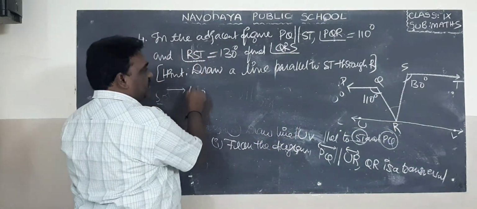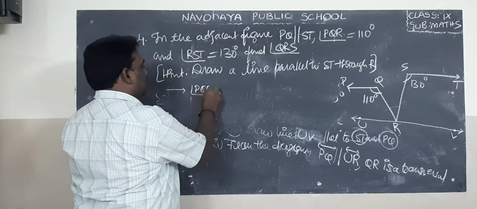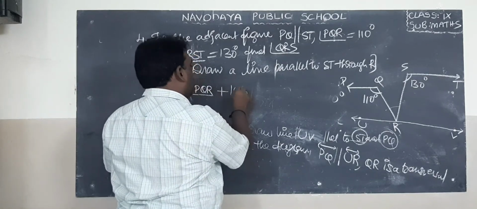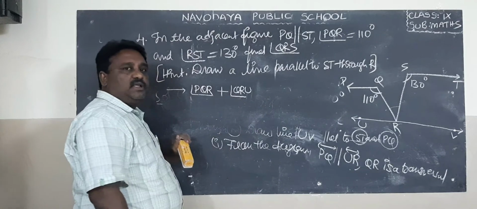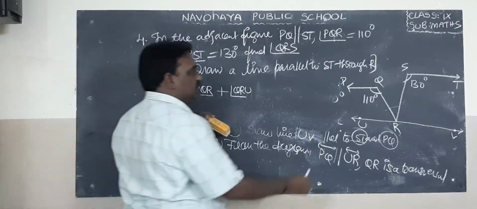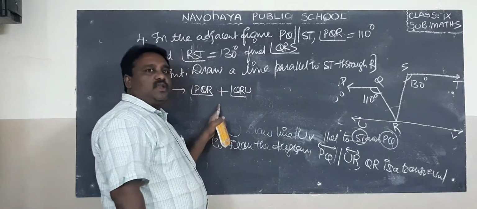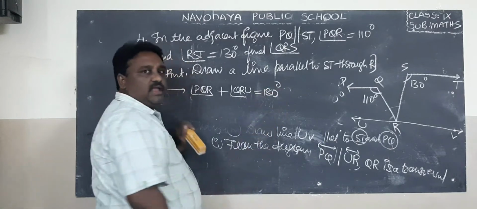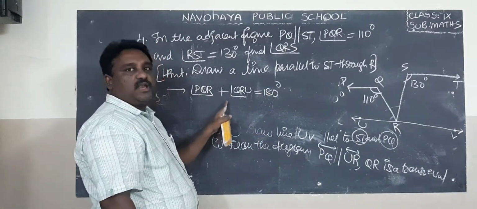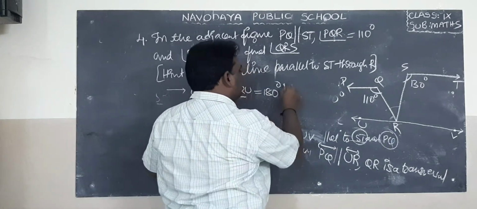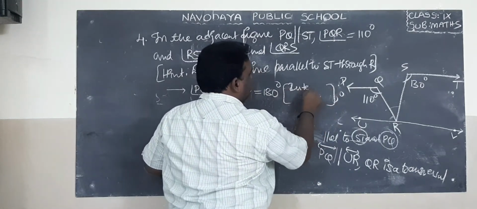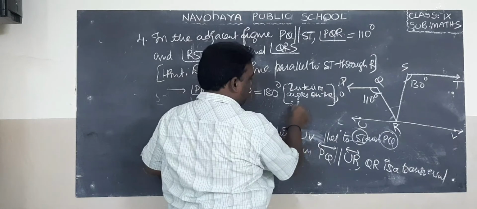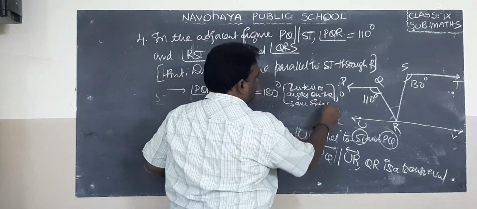This implies angle PQR plus angle QRU equals 180. Angle PQR is 110. Reason: interior angles on the same side of the transversal.